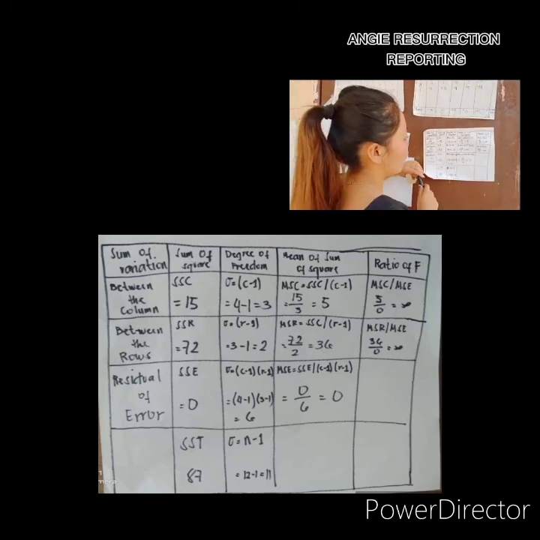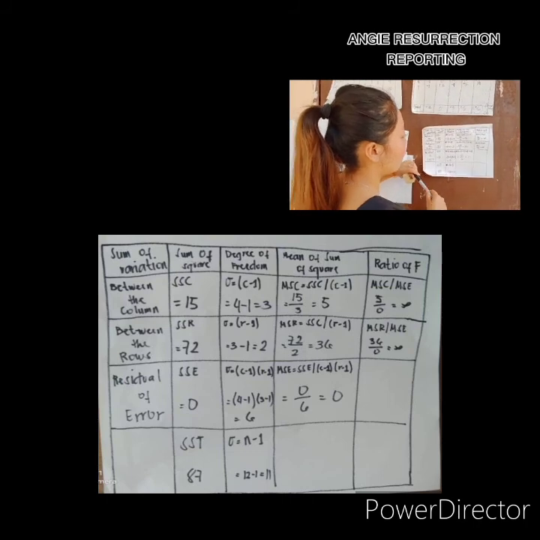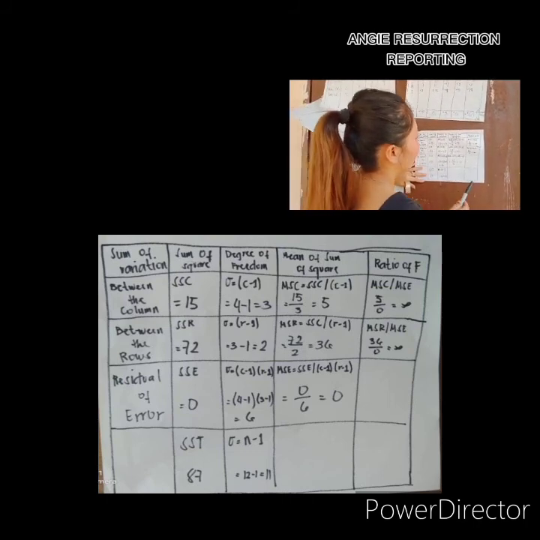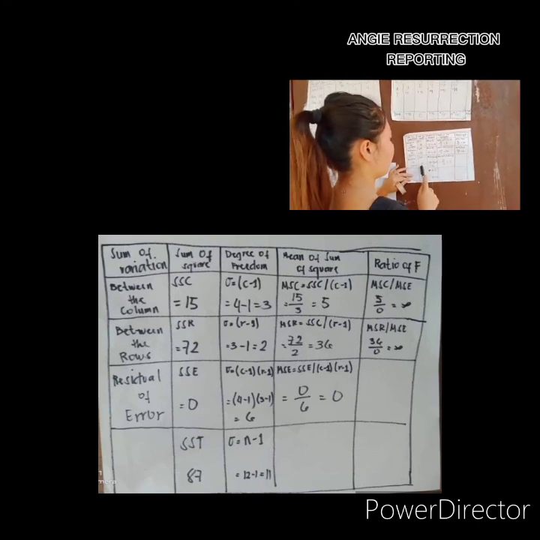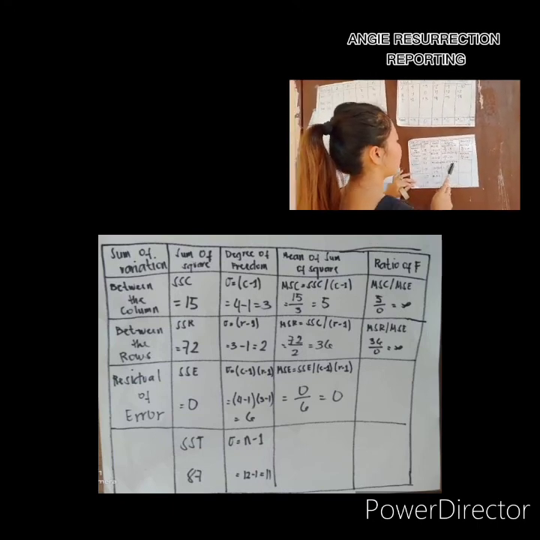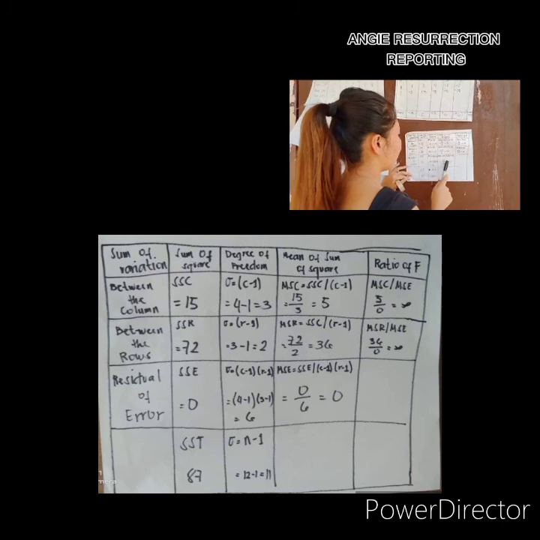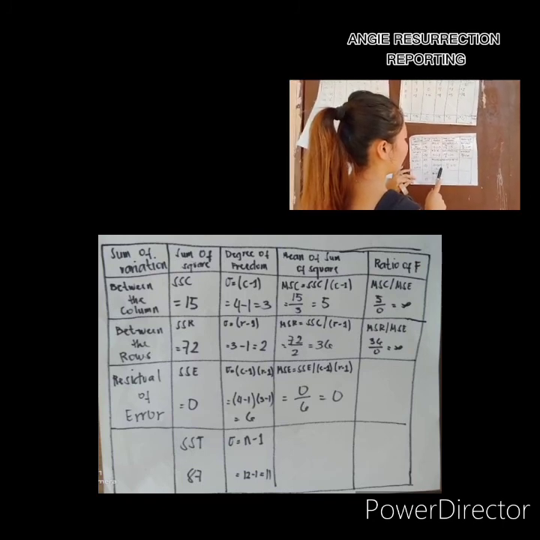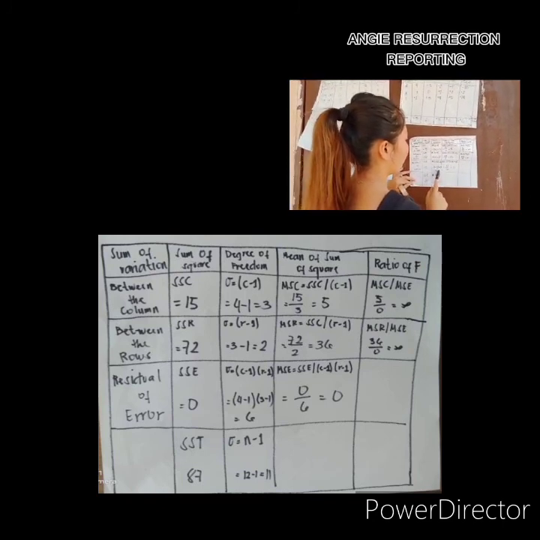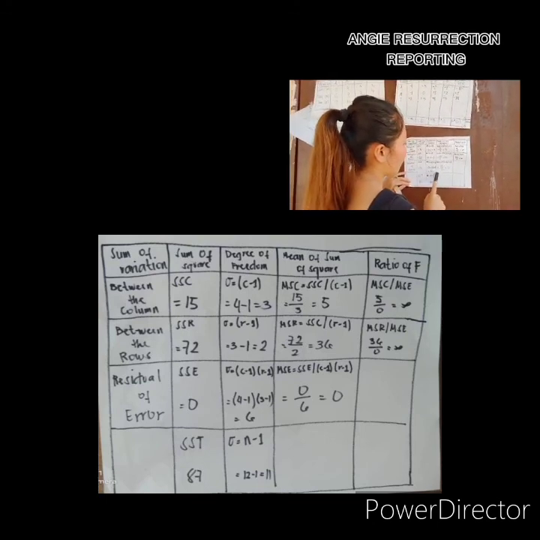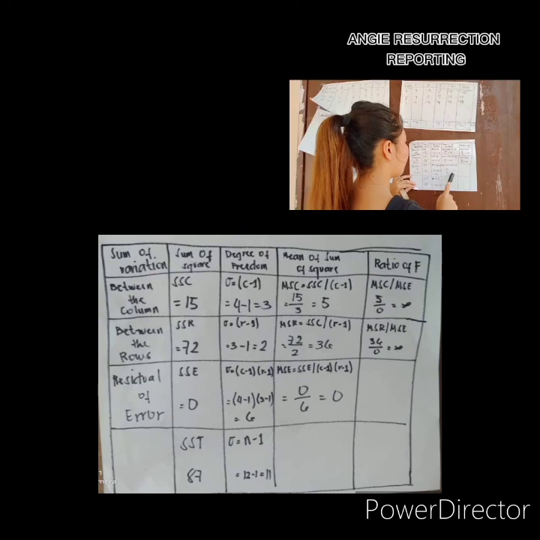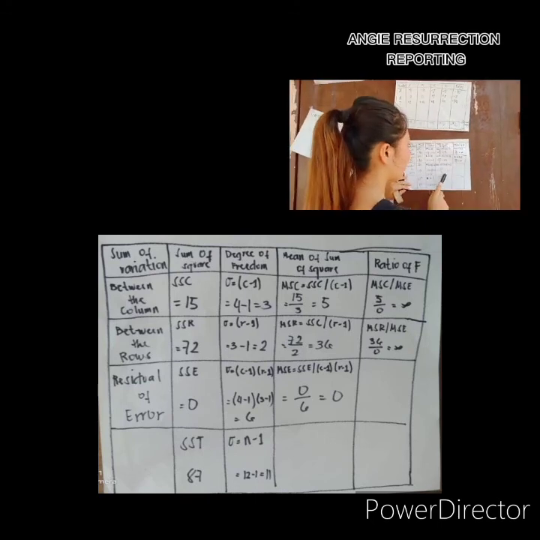MSE is equal to SSE over C minus 1 times R minus 1. Here SSE is 0, so MSE over 6 is equal to 0.